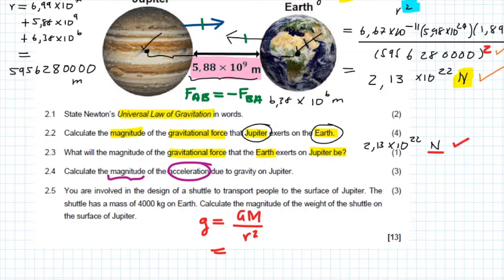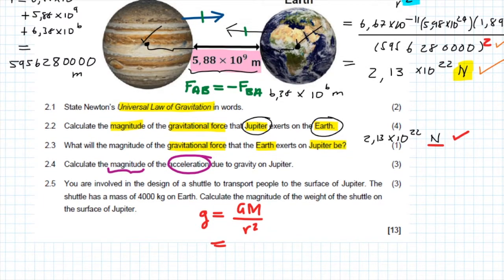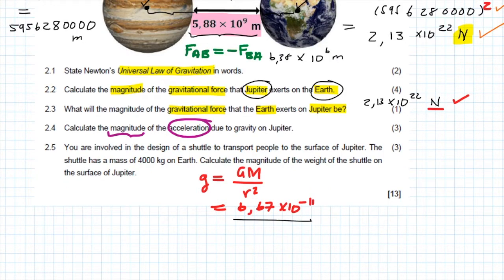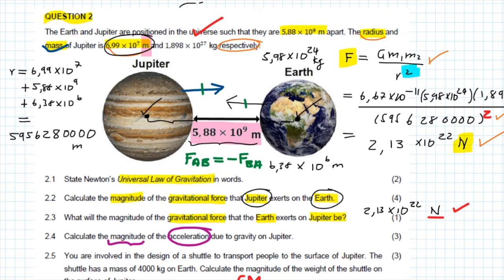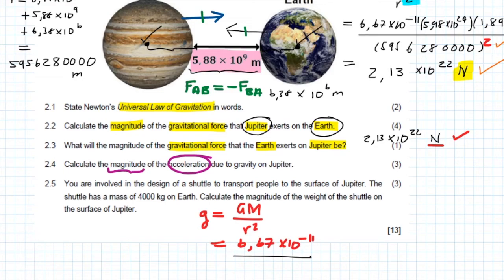We know that that constant is given to us in our table of constants as 6,67 times 10 to the power of negative 11. r is going to be the radius of Jupiter, which was given to us in the question as 6,99 times 10 to the power of 7 meters. And once again, we must not forget to square this value.